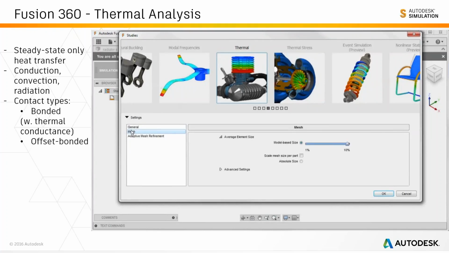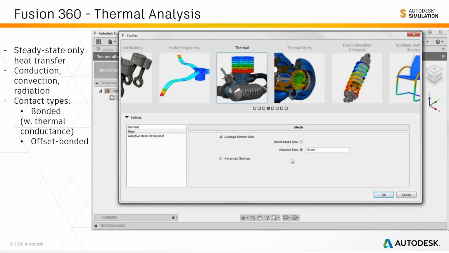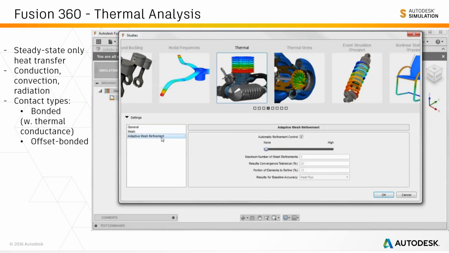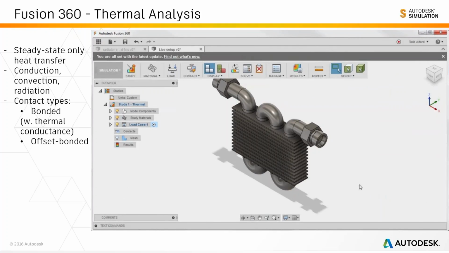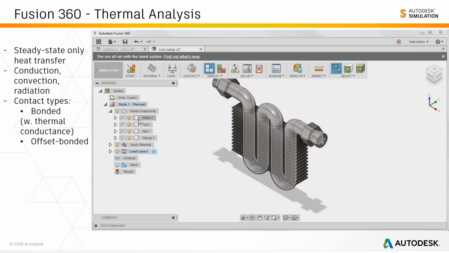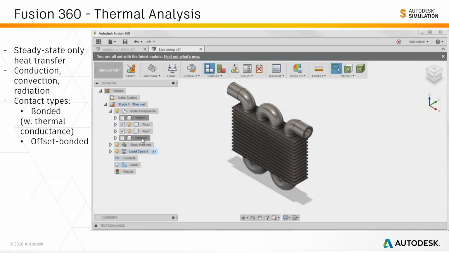Under mesh, we have the ability of specifying an average element size in either relative terms to the model size or absolute size, as well as the adaptive mesh refinement that you are familiar with for higher order elements, and a reduction of the element size based on convergence criteria. The model includes a number of components that we might not want, so we have the ability of suppressing those simply by unchecking those checkboxes.